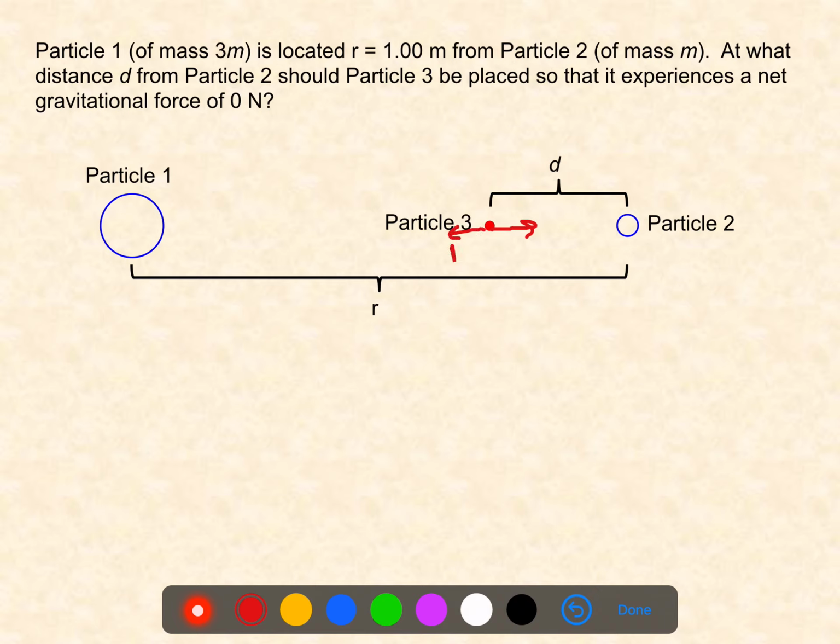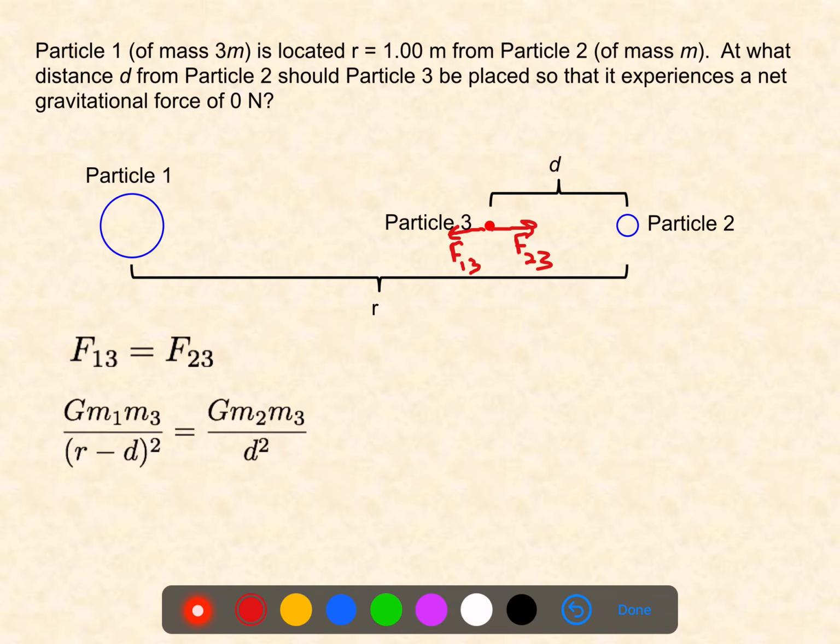I can call this one F13 and this one F23. And what I want is for them to equal one another. Based on the distances that are indicated here, that means force 1,3 is essentially G m3 m1 divided by the distance between them squared.